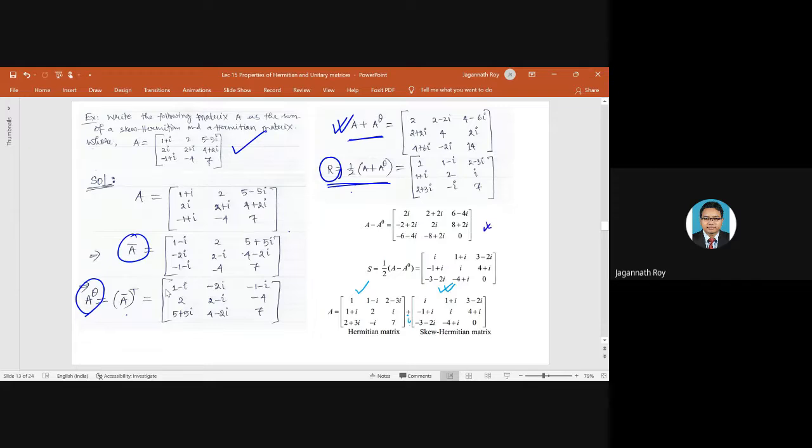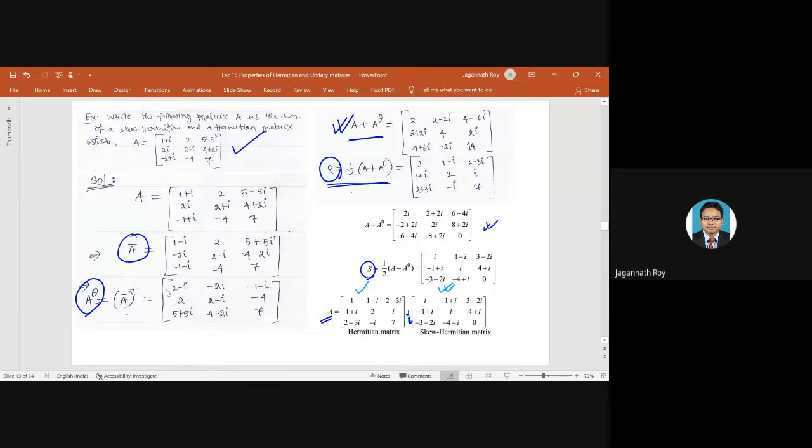Similarly, we can find the S matrix, and A can be written as the sum of a Hermitian matrix and I times a skew Hermitian matrix.